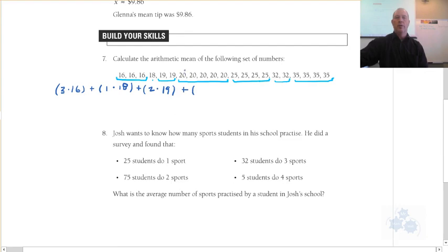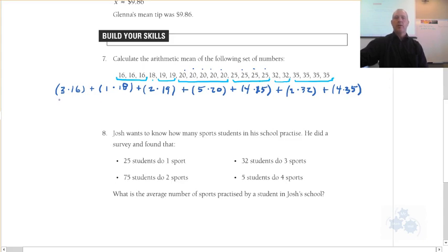And so on. How many 20s do we have? 2, 3, 4, 5. So 5 times 20. 2, 3, 4. 4 times 25. And remember, we're adding up each group here. So 2 times 32 plus 4 times 35.